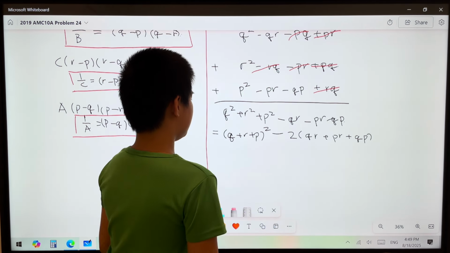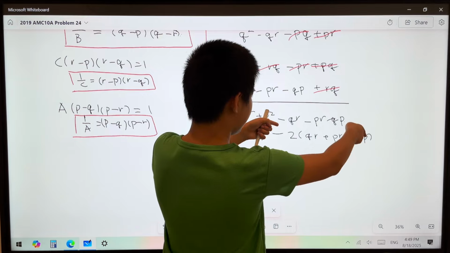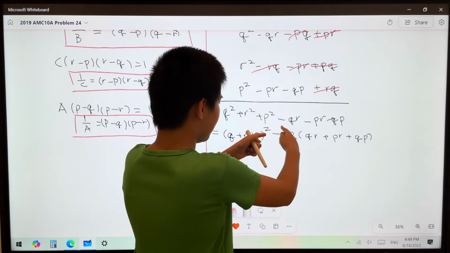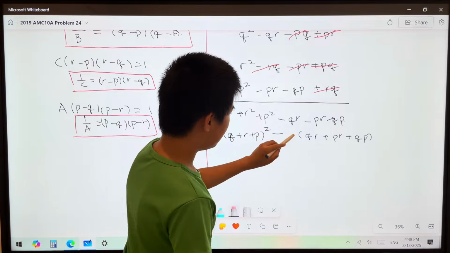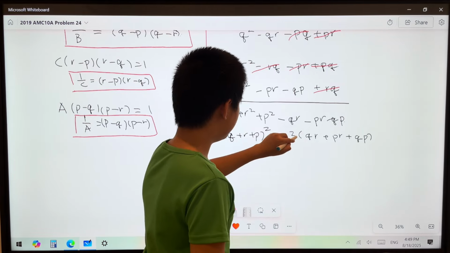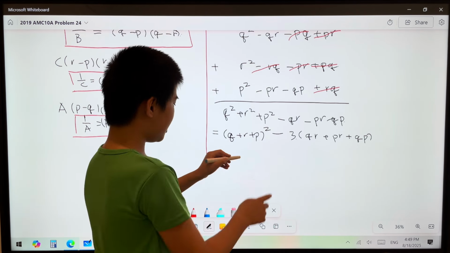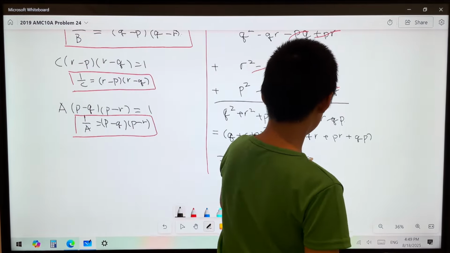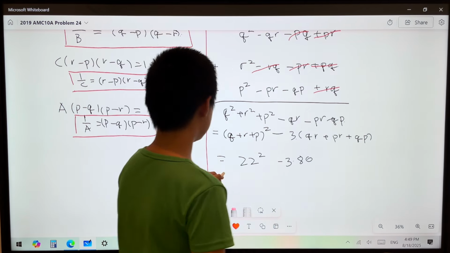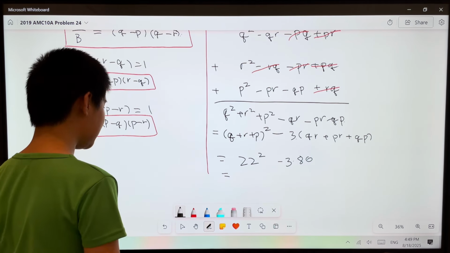However, you still have this minus thing going on here, so that means really you're taking minus 2 of the pairwise sum minus a third pairwise sum, which is just minus 3.